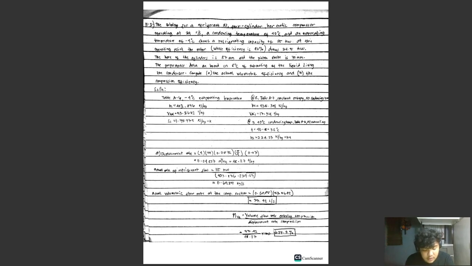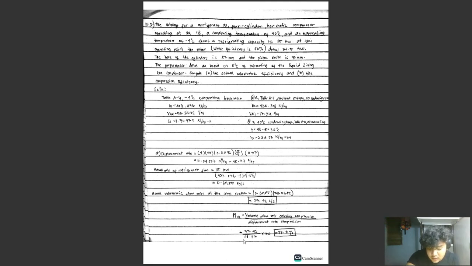After we get the actual volumetric flow rate of the compressor suction, we need to get the actual volumetric efficiency. To solve for it, we have the formula: volume flow rate entering compressor over displacement rate of compressor.